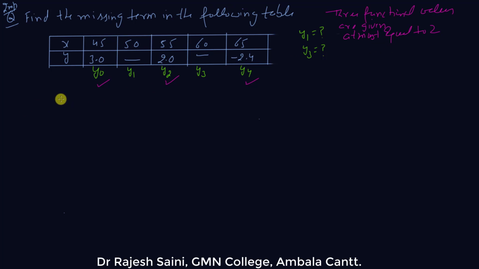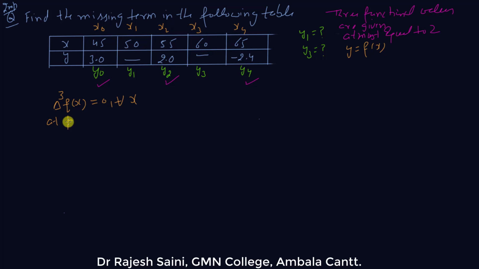Therefore, by the property of the forward difference operator, the third order forward difference of the function f(x), say y equals f(x), will always be 0 for all x. So firstly we take this point as x0, then x1, x2, x3 and x4.